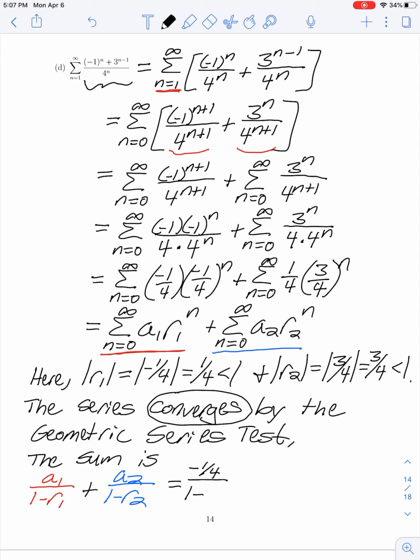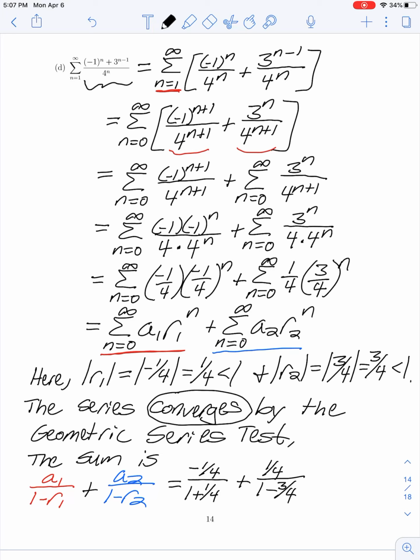Now r1 was -1/4, so we've got 1 plus 1/4. And then we're adding a2, which was 1/4, over 1 minus r2, which was 3/4.